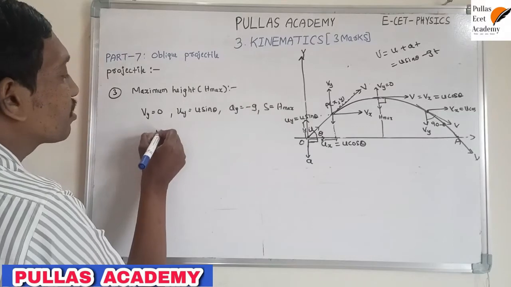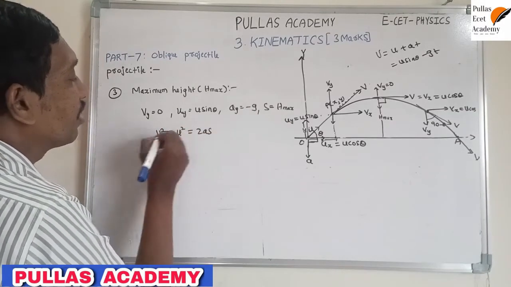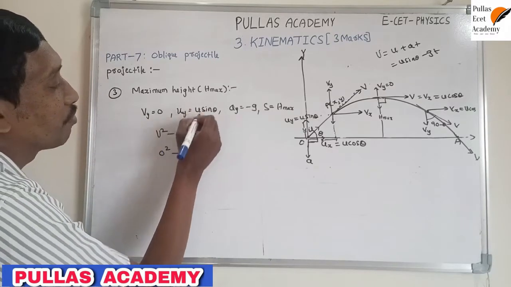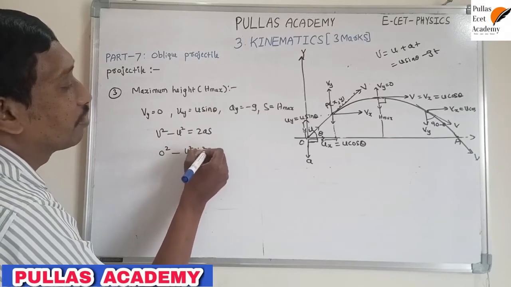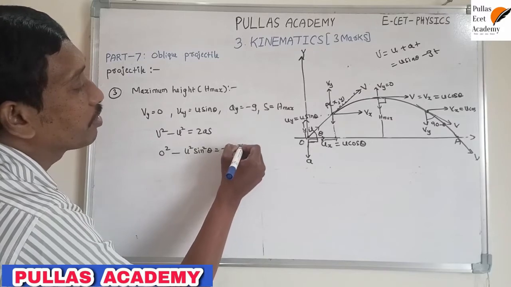If you want an expression, by using the third equation, v square minus u square is equal to 2as. Here v, that is vy, is 0, so 0 square, and u, that is uy, is u sin theta whole square, which is u square sin square theta. Now a is substituted as minus g, that means minus 2g into h max.